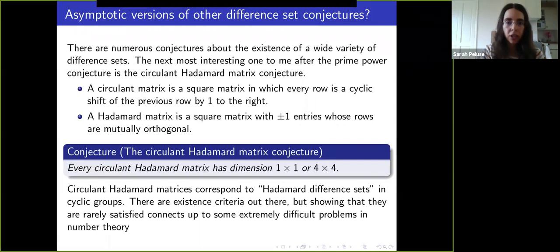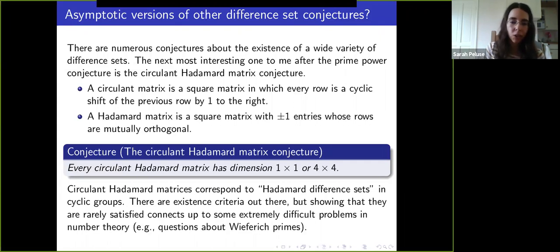So there are a few existence criteria, and they're either not strong enough to show some good bound on the possible number of circulant Hadamard matrices, or they're strong, conjecturally, but to actually use them to show that there are few circulant Hadamard matrices, you really quickly run into extremely difficult problems in number theory, like having to show that there are a huge number of non-Wieferich primes.